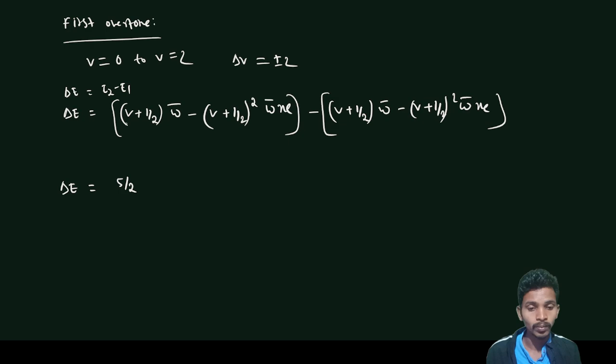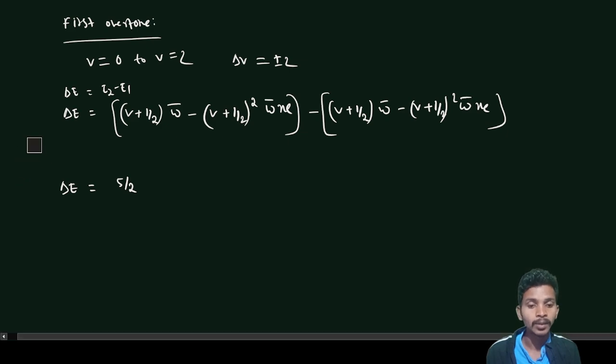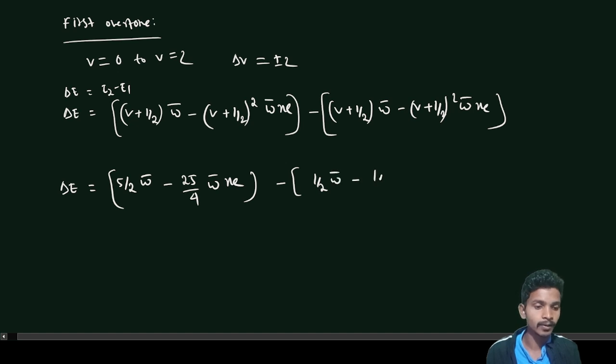So 5 by 2 omega, and this is the square of it, that is 25 upon 4 omega xe. And for 0, that is half omega, and this is 1 upon 4 omega xe.